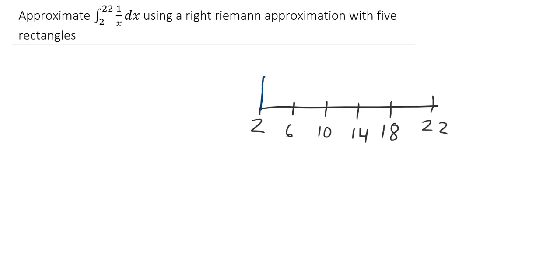My first rectangle is going to go up to whatever this point is. I have some graph of 1 over x. And I line up all my rectangles so that their top right corner lines up.